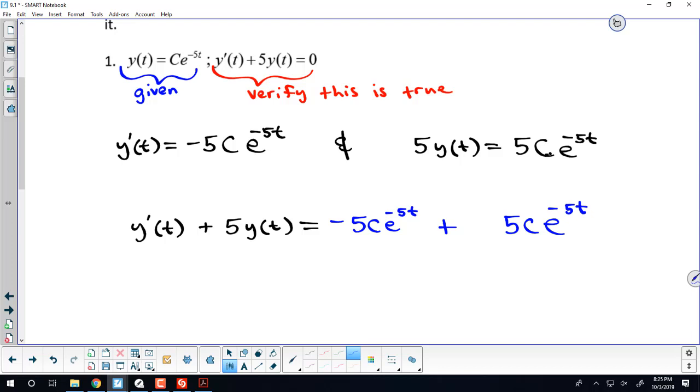So clearly that's 0. And that means we've verified that solution to the differential equation. Any questions on that?